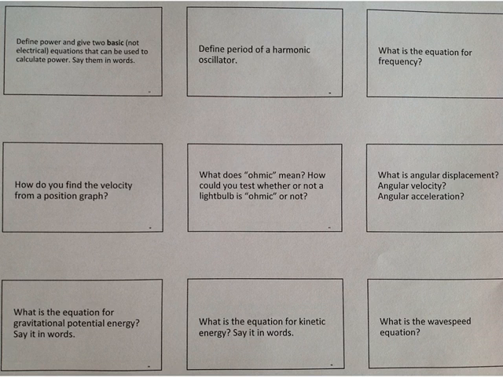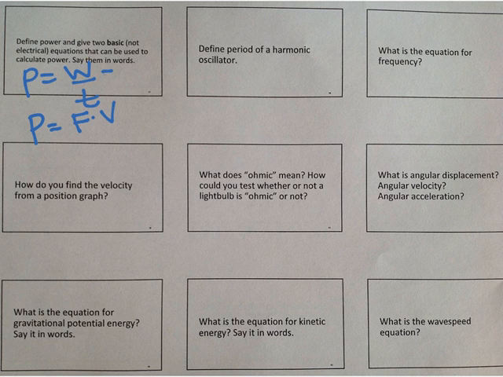Alright, so define power and give two basic non-electrical equations that can be used to calculate power. So our standard one for power is that power is equal to work over time. The less common one, however, is force times velocity.